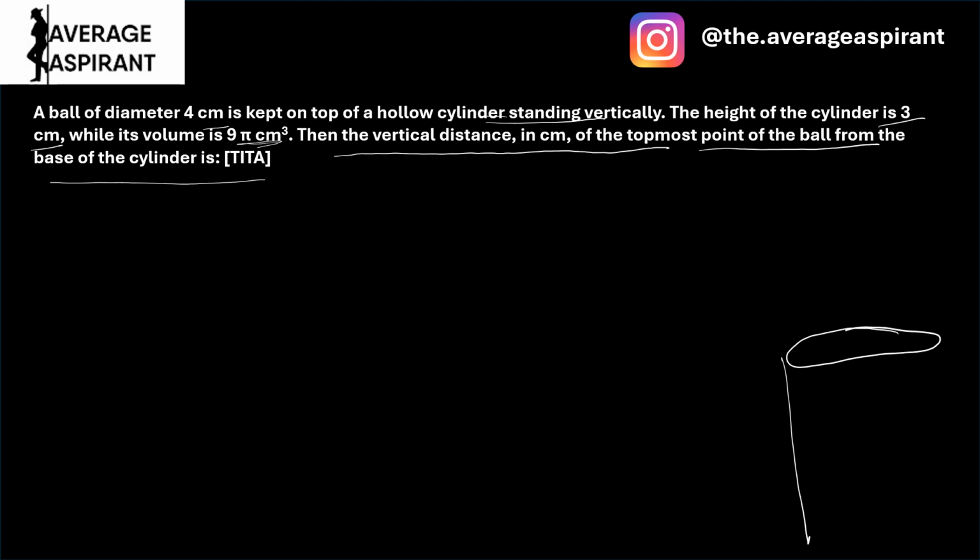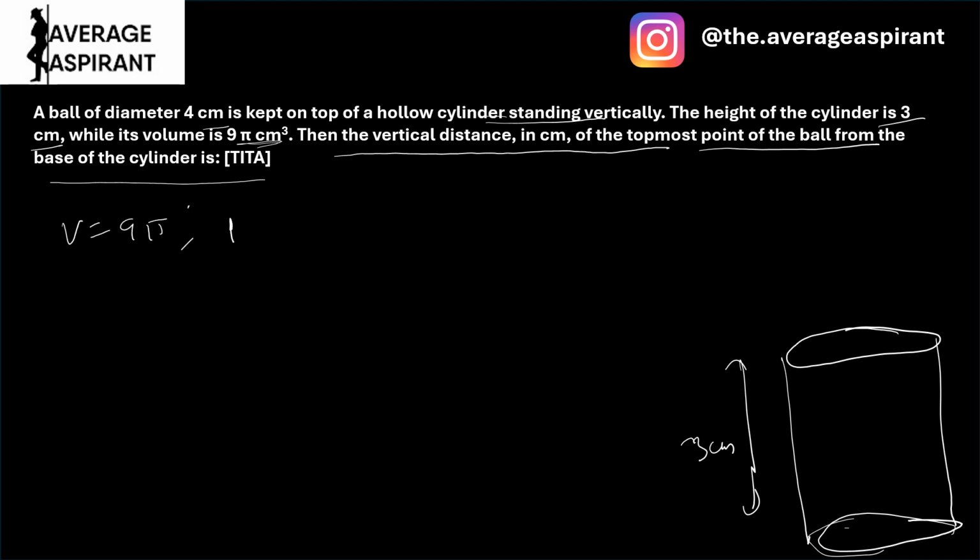So let's first imagine what they are saying. So this is a hollow cylinder, and the data that we have been given is height of the cylinder is 3 centimeter, right? Volume is 9 pi. But what is the formula of volume? Pi r square h, which is 9 pi. If you cancel pi, you get r square h is equal to 9.